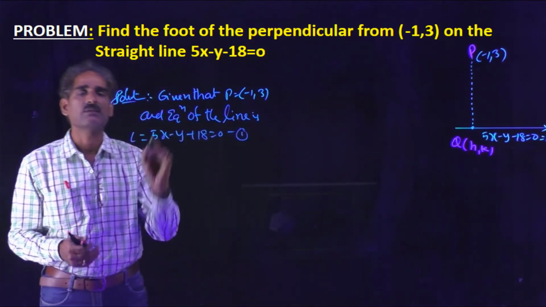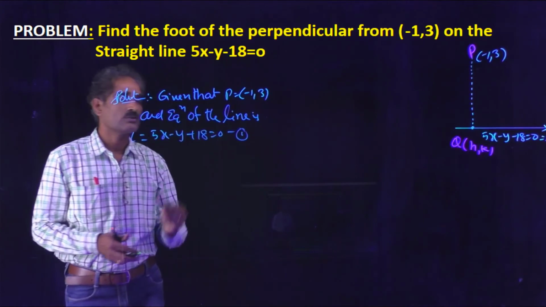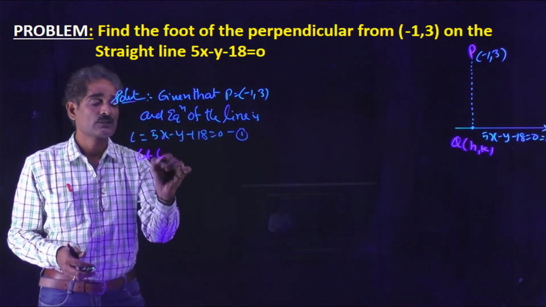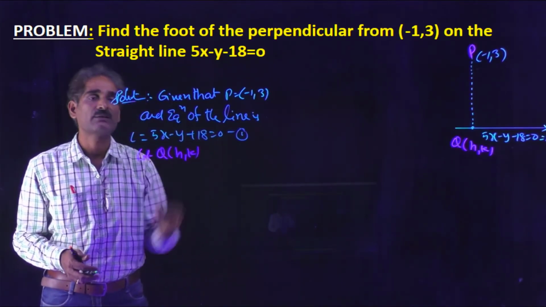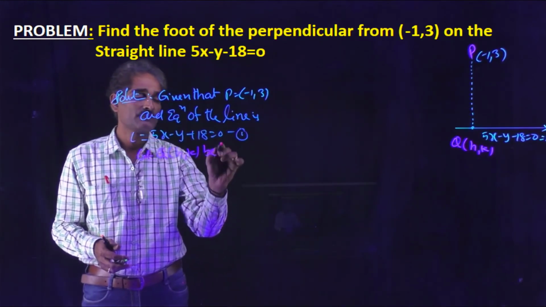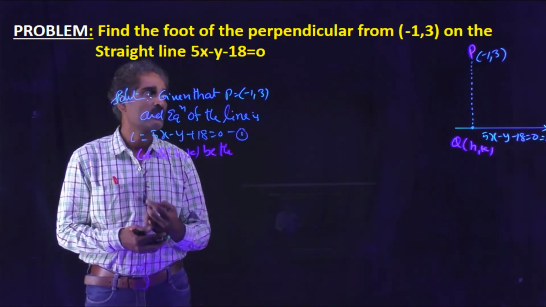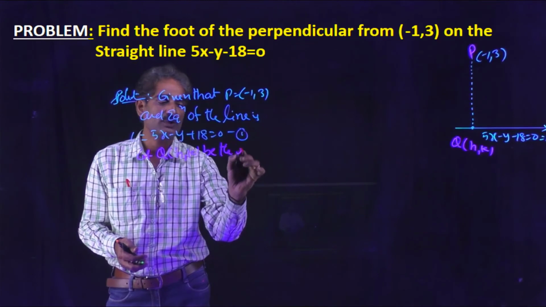Let it be L. So let Q(h, k) be the required point, the foot of the perpendicular of P on this line.